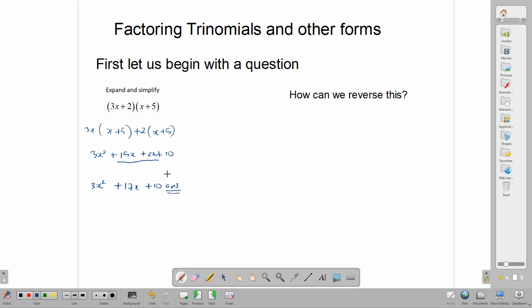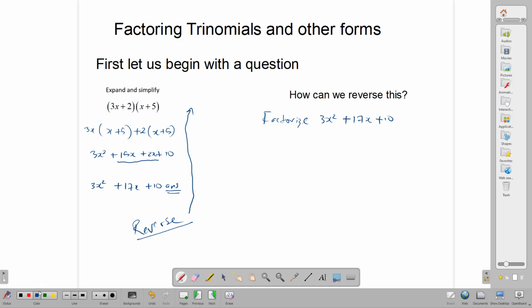In order to answer the question as to how we factorize a trinomial, we need to reverse this process. We need to do it in reverse. So let us write our question. Factorize 3x squared plus 17x plus 10.